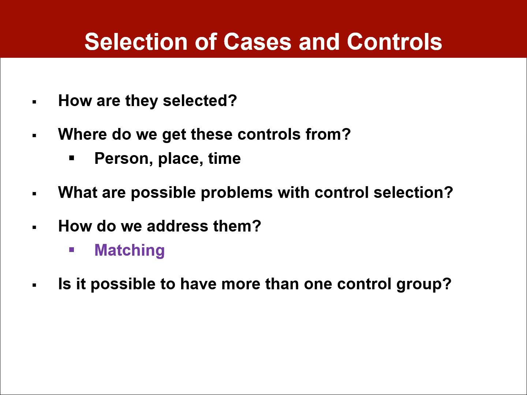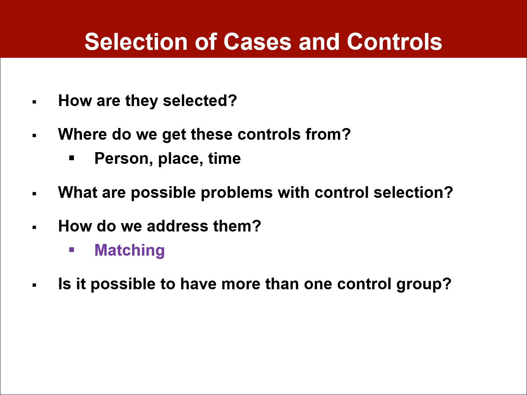So let's say you want to study breast cancer in a particular group of women, right? Your outcome or your disease is breast cancer. You want to make sure that your definition of breast cancer is clearly stated, and every case or every woman that you include in that breast cancer category meets that definition, which would most likely be a clinical definition. And for the controls, you want to select them in a way that they're similar to the women in the other group.